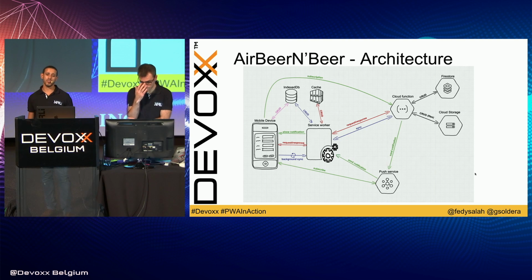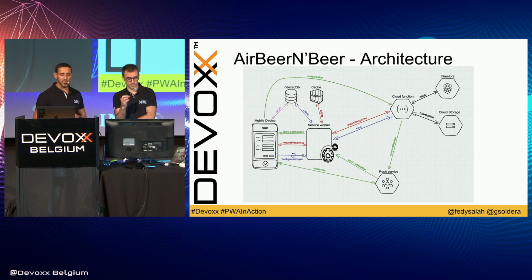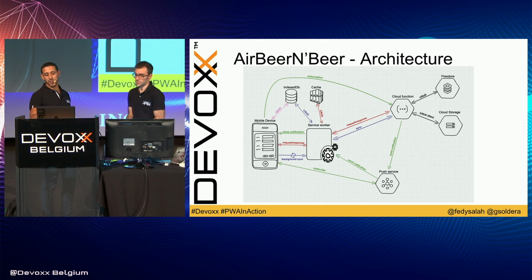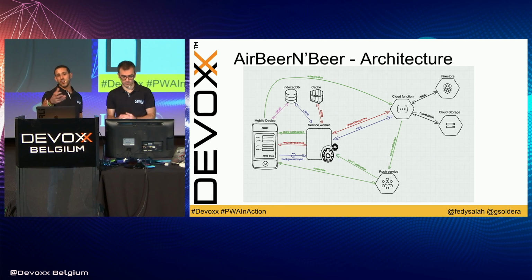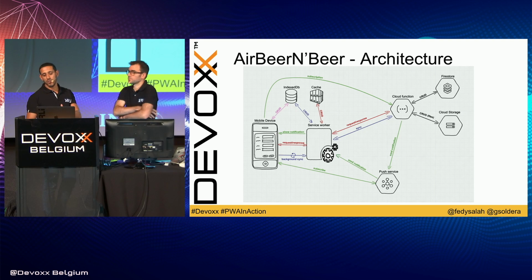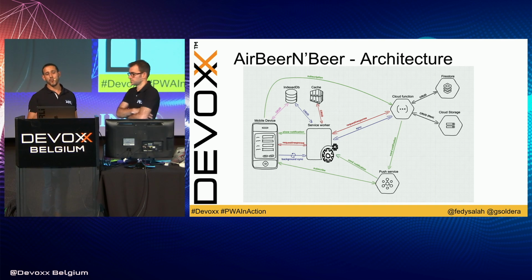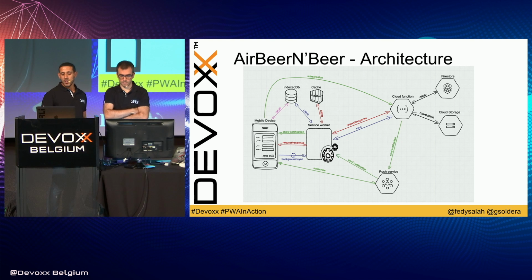The architecture we used: actually, we built this as a progressive web app, but we also used the opportunity to test some cool technology like Firestore, Cloud Storage, or Google Cloud Functions. Our server is deployed on a function as a service provided by Google, and it interacts with Firestore for storing the data, and Cloud Storage for buckets, where we will store images.